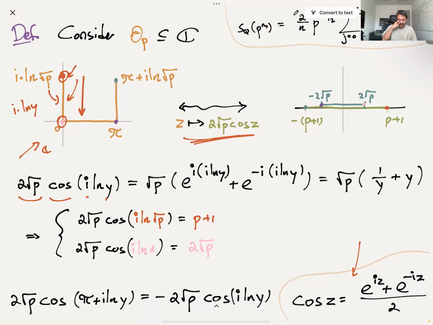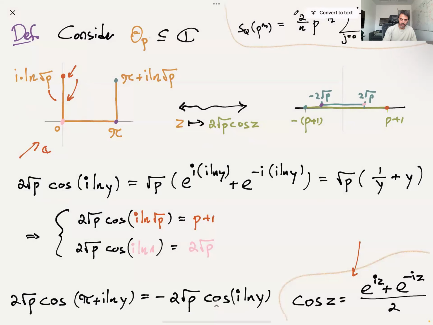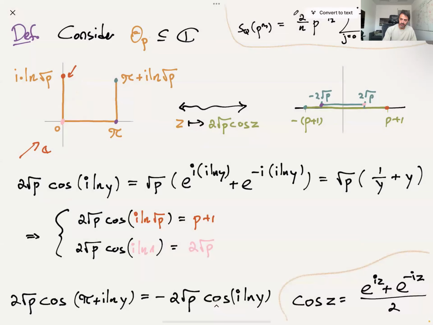And for cosine of i ln y, you can use the cosine identity here. So you get square root of p, and these two cancel, so you don't see it.